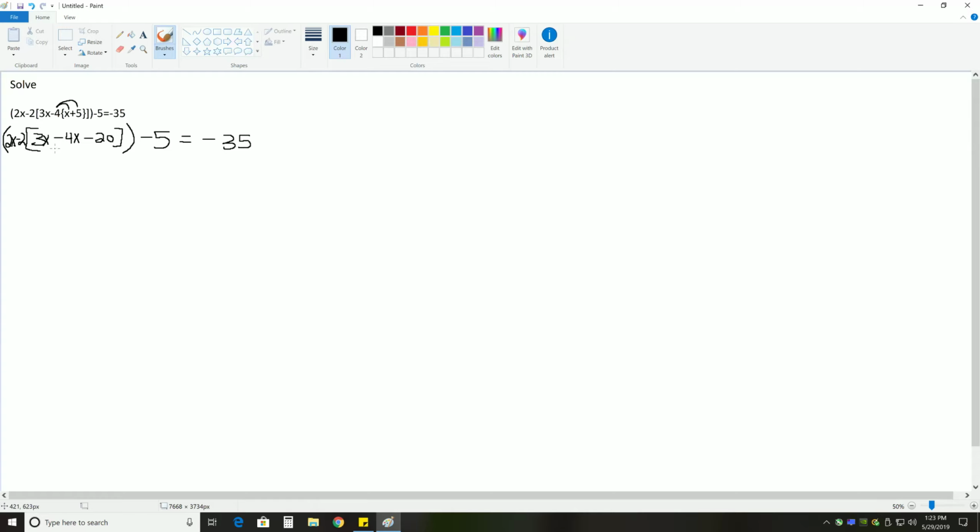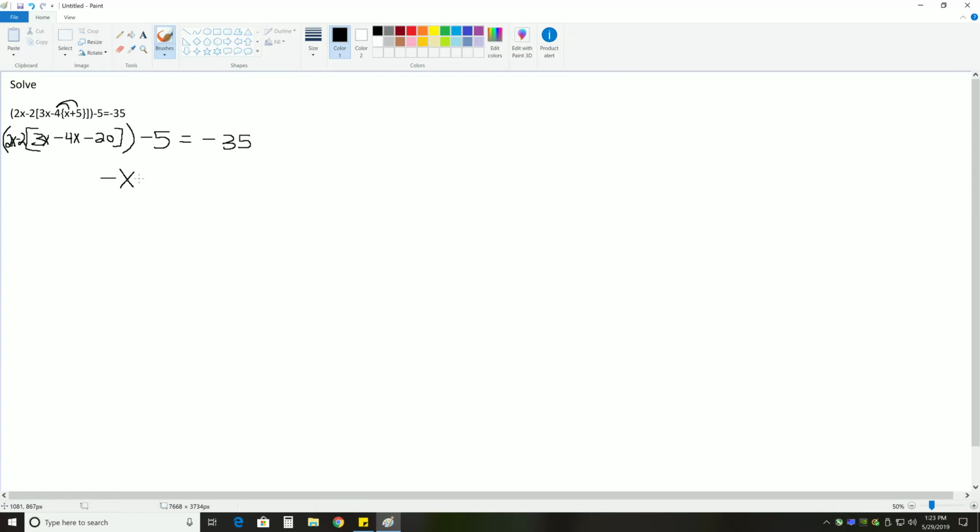We look in our innermost pair of brackets and check, is there anything that we can simplify? And now there is. 3x minus 4x are like terms, so we can combine those. 3x minus 4x gives us negative x. I'm going to move this a little bit further to the right to allow for more room.